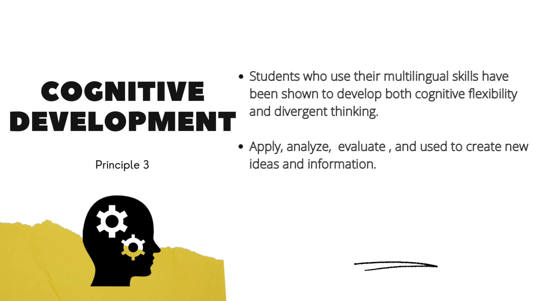Additionally, when we truly learn something, we can explain it, apply it, analyze it, evaluate it, and use it to create new ideas and information. As a result, in all subjects, teachers must focus on activities that build understanding and that encourage students to apply, analyze, and evaluate what they have learned to create new knowledge.